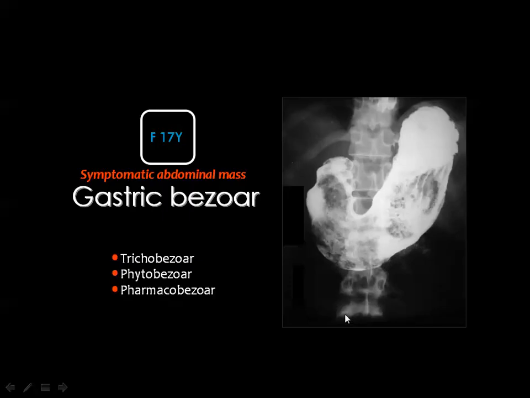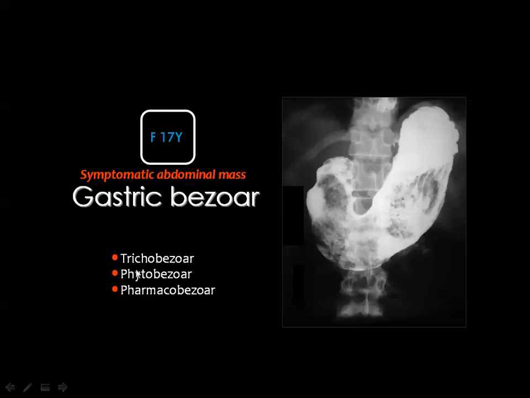Then gastric bezoar, meaning a foreign body inside, and this foreign body may be one of three. Trichobezoar, a mass made of hair. Phytobezoar, a mass made of plants. And pharmacobezoar, a mass made of medications.